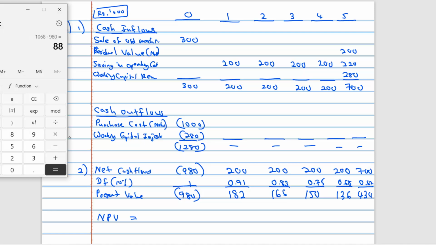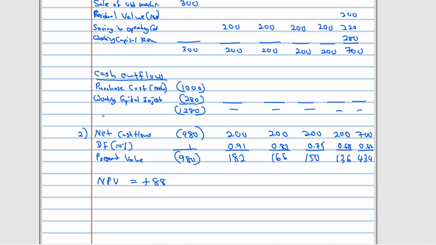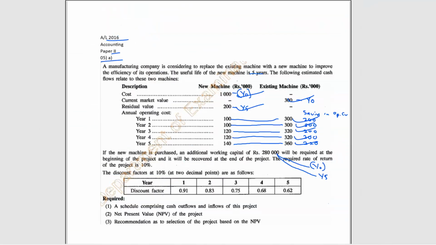So I am getting a value of plus 88. That means the NPV is plus rupees 88,000.